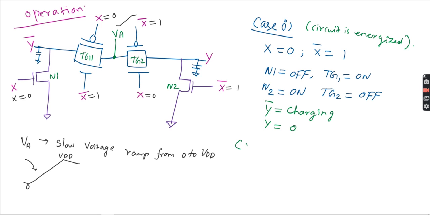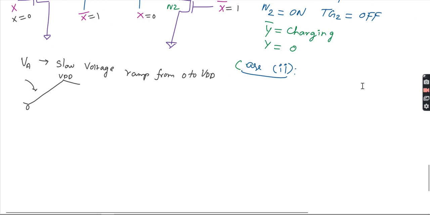This is case 1. Let me go for case 2. What is case 2? We need to apply x equal to 1, so x is equal to 1 and x bar is equal to 0.